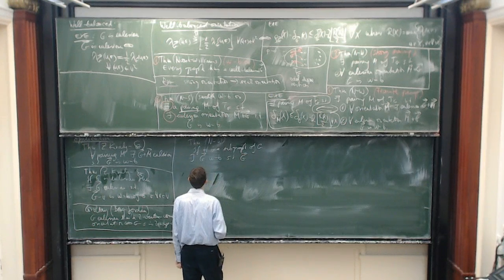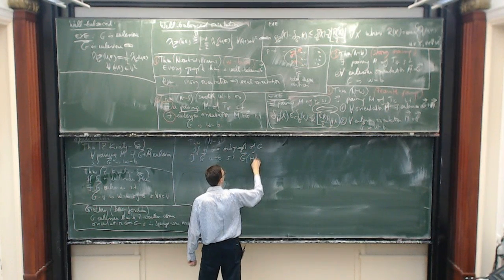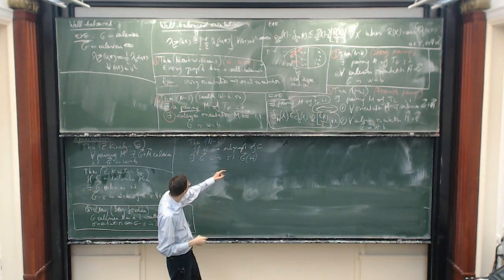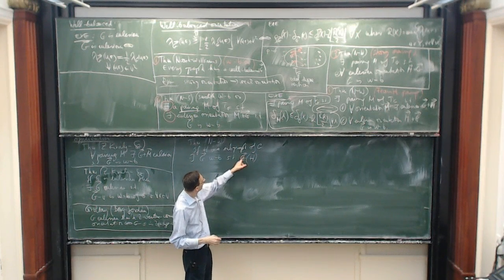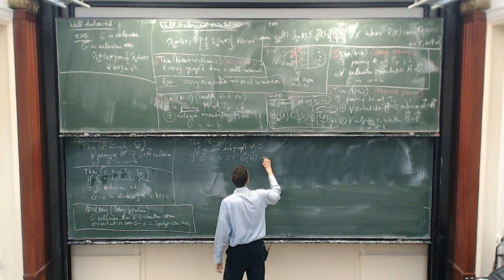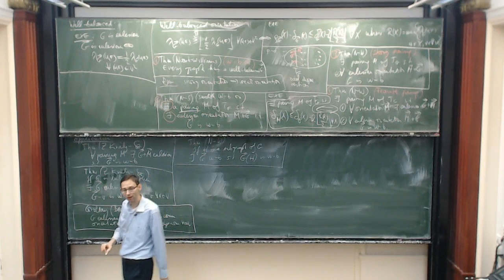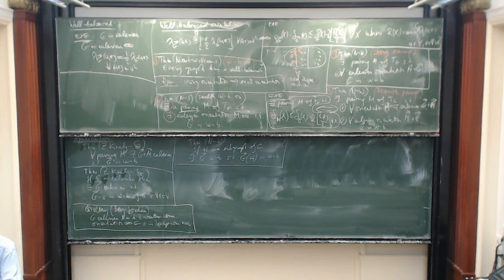Maybe I will write this way. So you look at this subgraph H, and in this orientation it is also well-balanced. So it's simultaneously well-balanced for the graph G and the subgraph H as well.